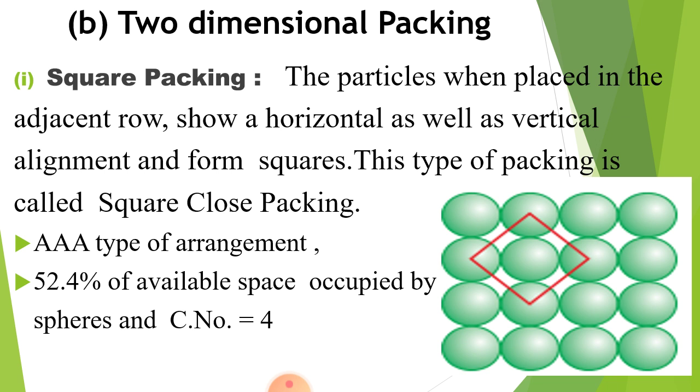Here the arrangement of packing is AA type because the second row is placed in contact with the first one such that the spheres of the second row are exactly above the spheres of the first. This repeats again and again. That's why this type of packing is known as AA type arrangement.